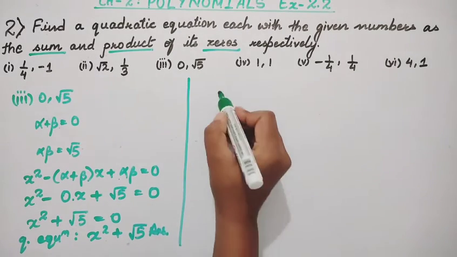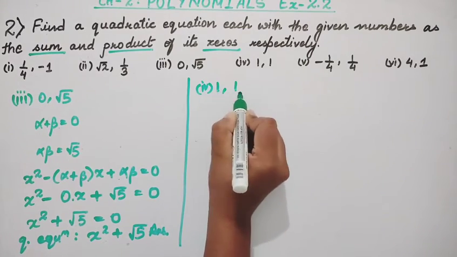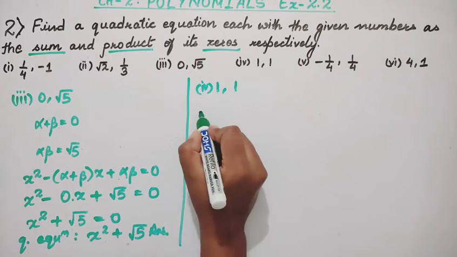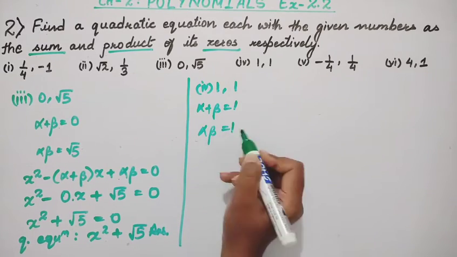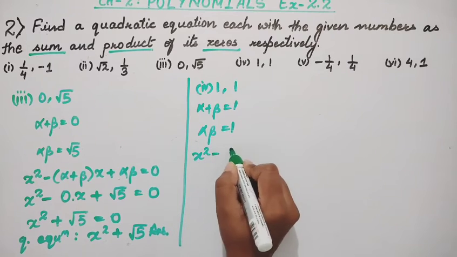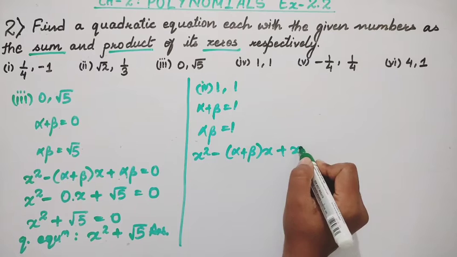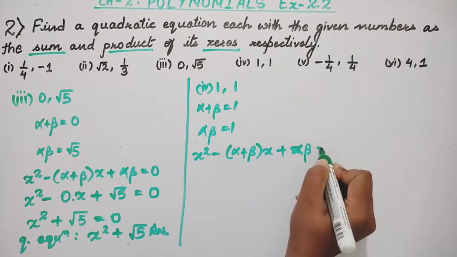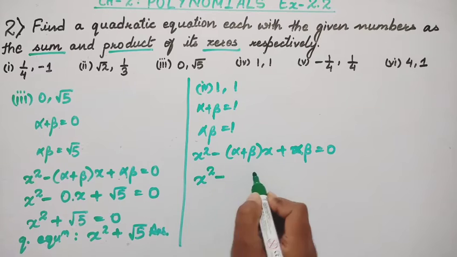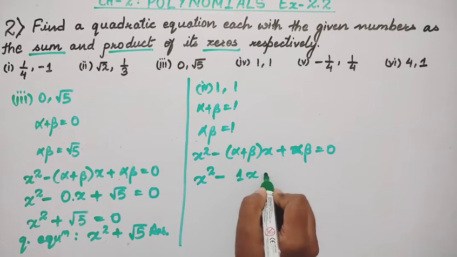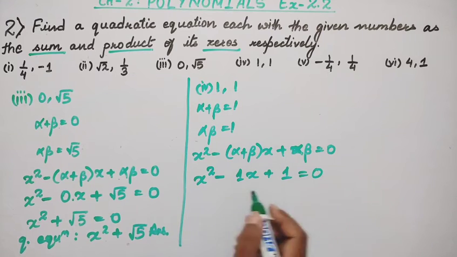Let's solve the next question over here. That is question number 4 with 1 and 1 as the sum and product. In this case, alpha plus beta is 1 and alpha beta is also 1.